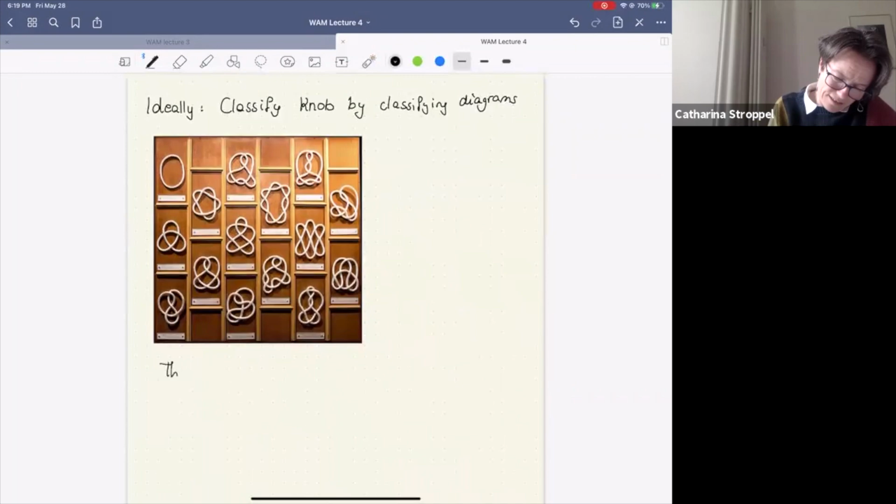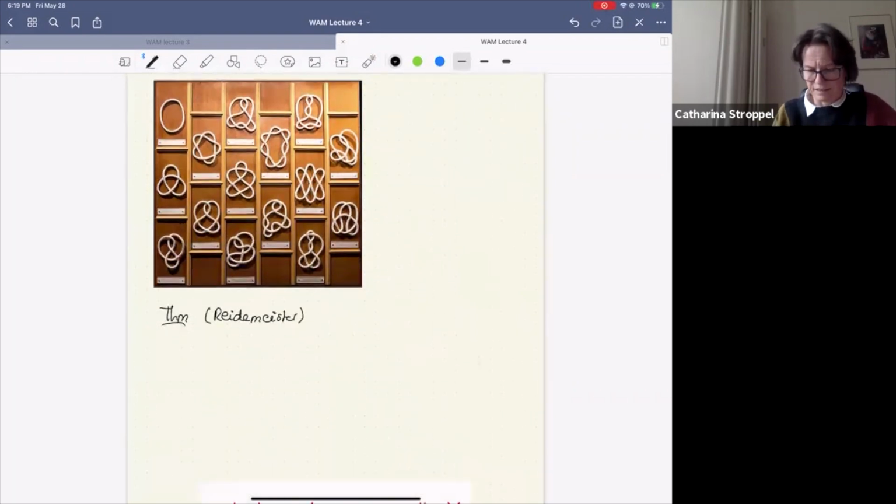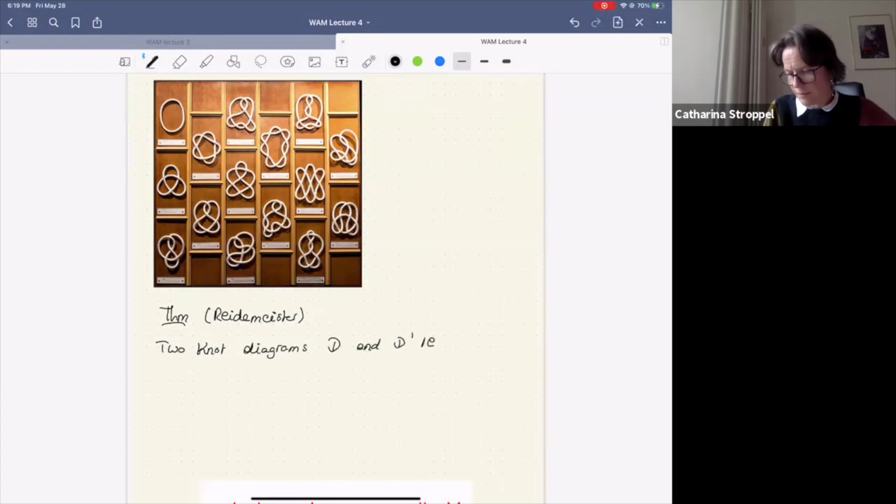And so on the way, there's the theorem of Reidemeister, which I think was mentioned in the session on Sunday. Two knot diagrams, so these are the diagrams obtained by projecting a knot to the plane, let's say D and D prime, represent the same knot if and only if they differ only by certain moves.